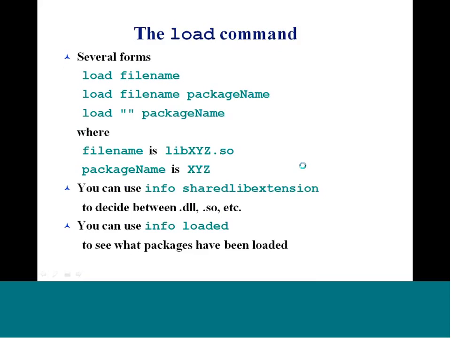Now the load command can have several forms: load file name, or load file name and package name. The file name is tagged like xyz.so, the compiled form of the library, and the package name is xyz.